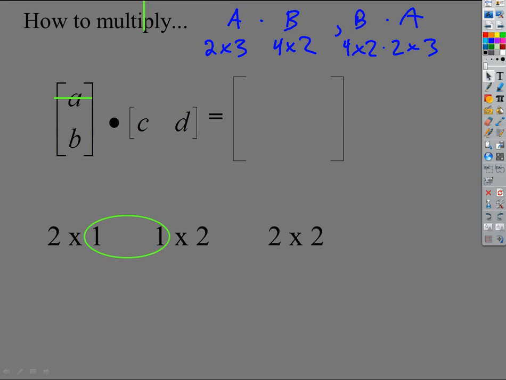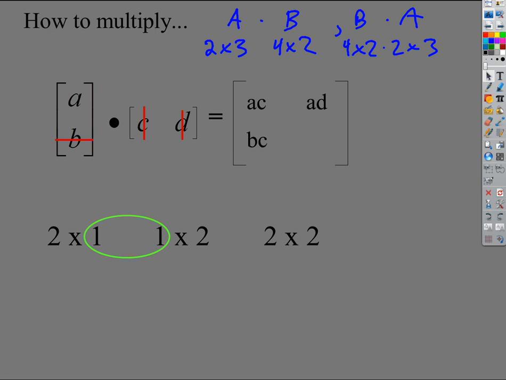To get row 1, column 2, we multiply A times D. To get row 2, column 1, we multiply row 2 of the first matrix times column 1 of the second matrix. And of course, to get row 2, column 2, we multiply B times D.